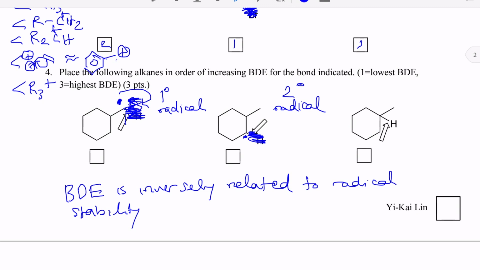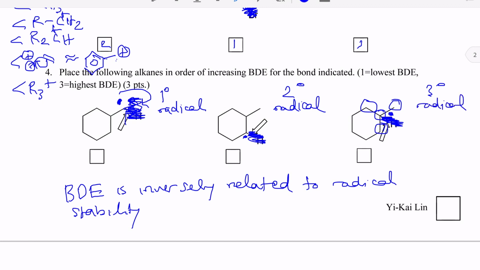For the last compound on the right, when we remove this bond and place a dot there to indicate a radical, we see that this carbon, which has the single electron, is attached to three carbon atoms. And that gives us a tertiary radical.